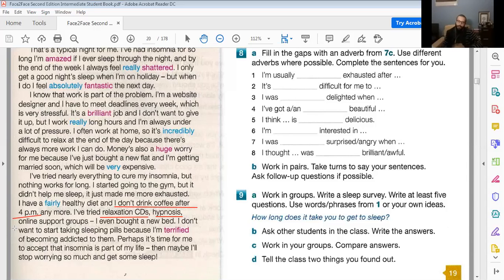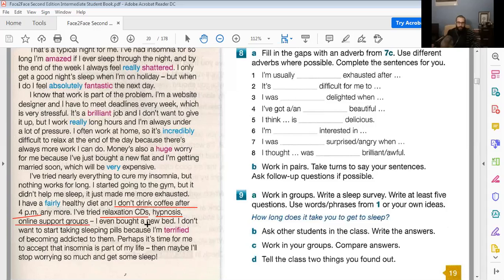Yes, this is hypnosis. He tried this, and actually some psychologists and some psychiatrists recommend this. For some people it works, for some people it seems that it doesn't. But he tried it, and it looks like it didn't work.